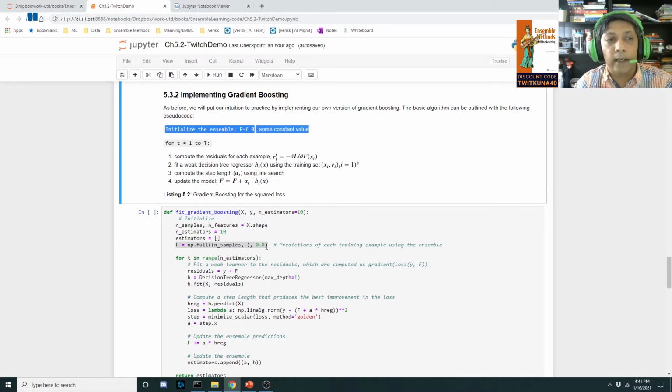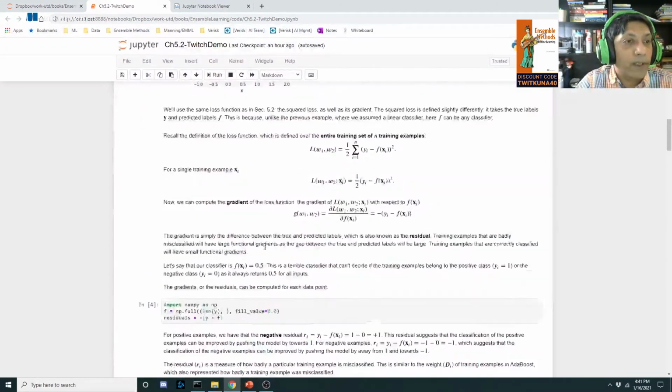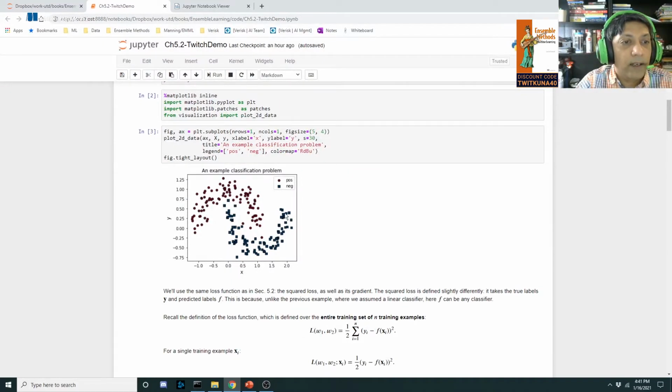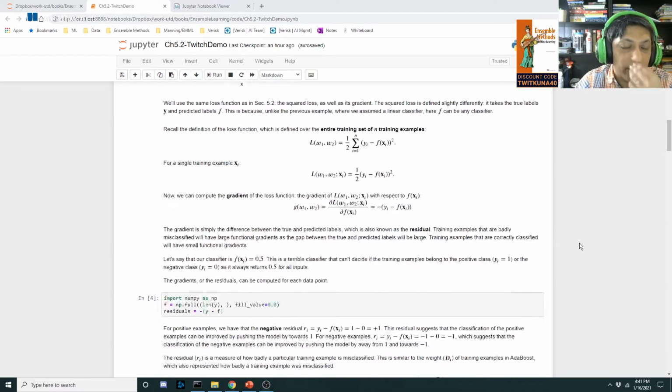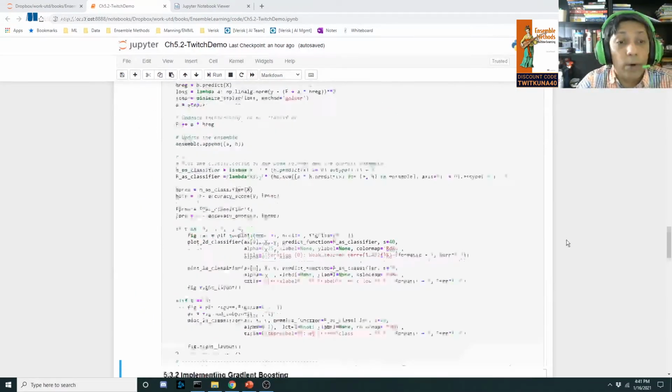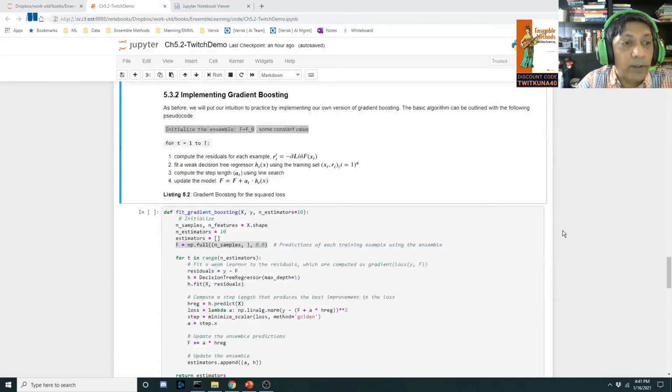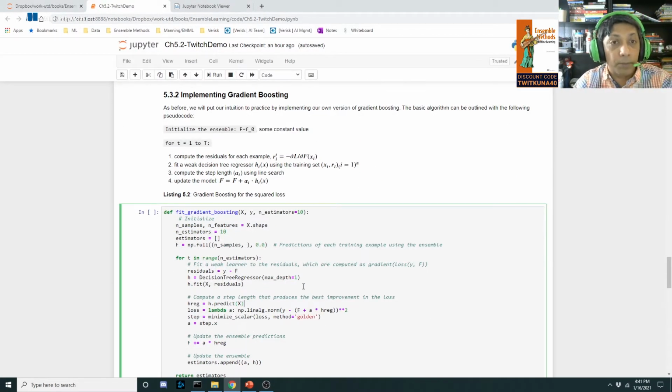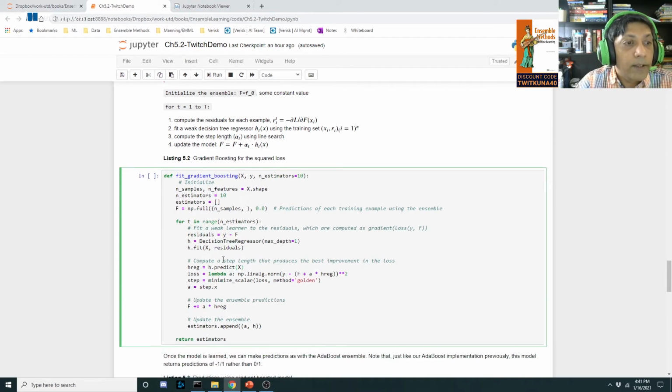This means that in my first iteration, my prediction is just going to be 0 for everything. It doesn't matter which training example you get, the output is 0, for positive examples and negative examples alike, which of course is not particularly helpful. That is where the magic of the algorithm comes in, and we'll see that in a second. Now we're going to learn in sequence, because this is a sequential algorithm, one estimator at a time.